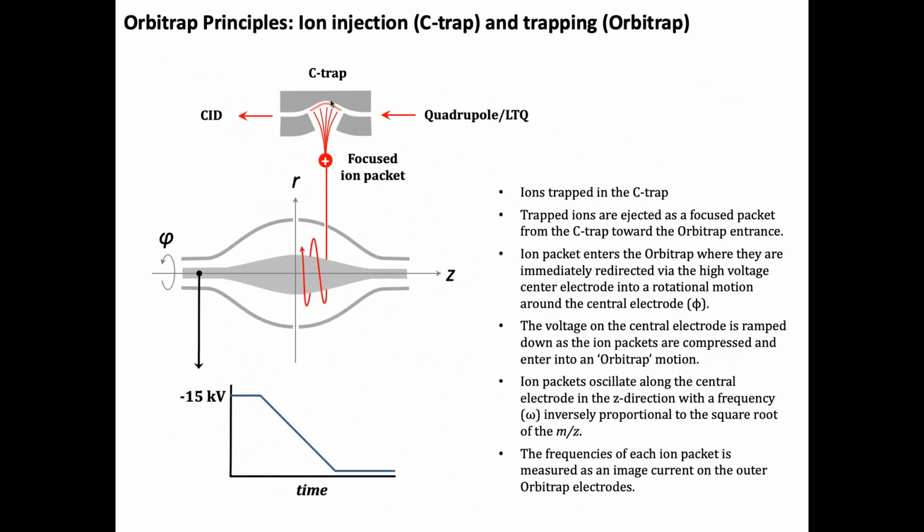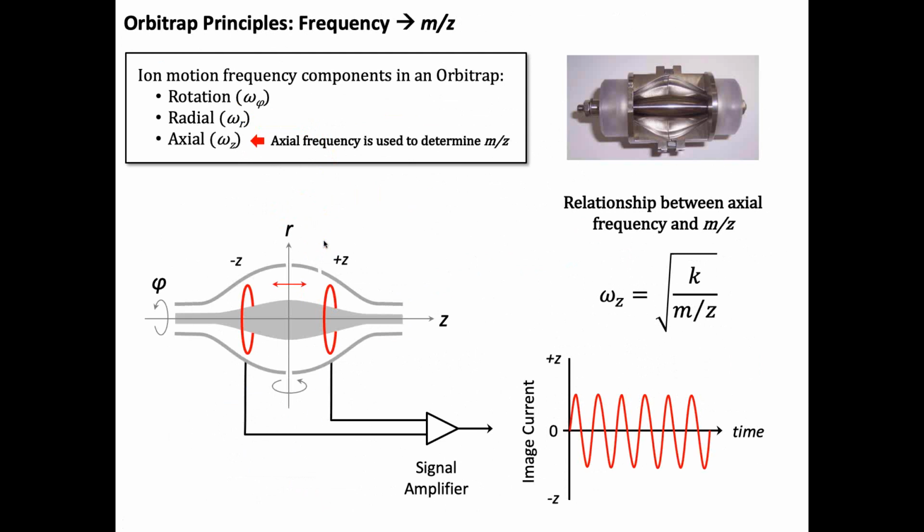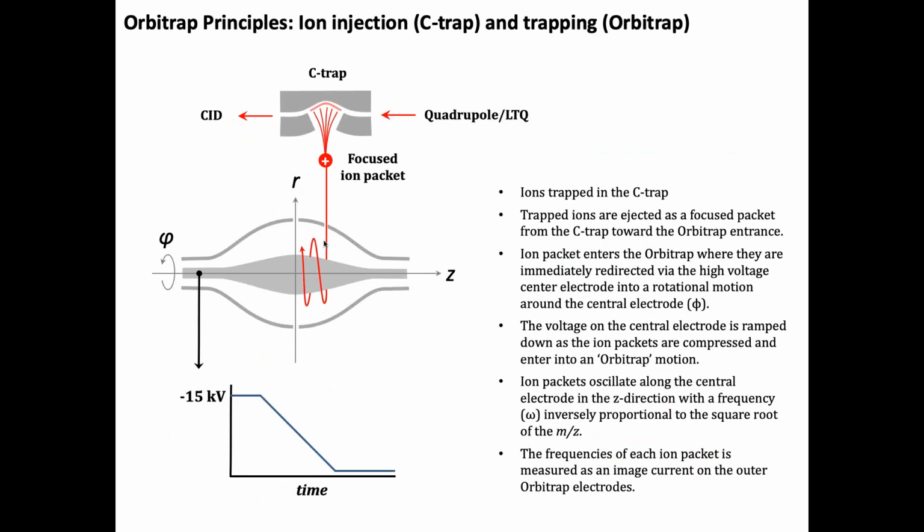It focuses light; this focuses the charge, or all the ions. So you get these ions trapped in the C-trap, and they focus it into a packet, which then moves into this Orbitrap. This is the picture in the top right corner of it. It's about the size of a $50 bill. It's not very big at all.